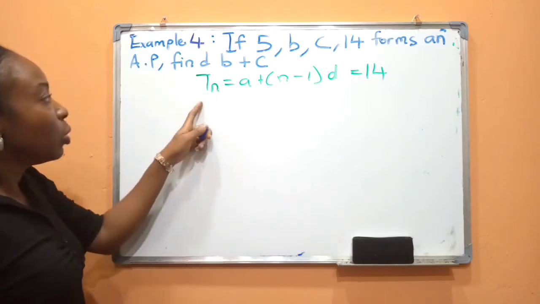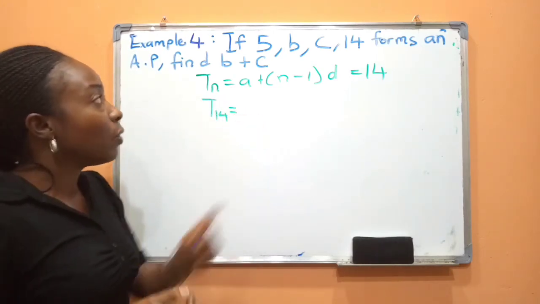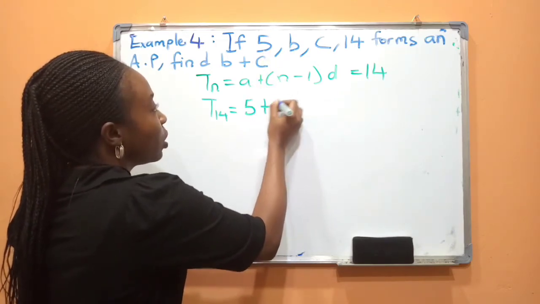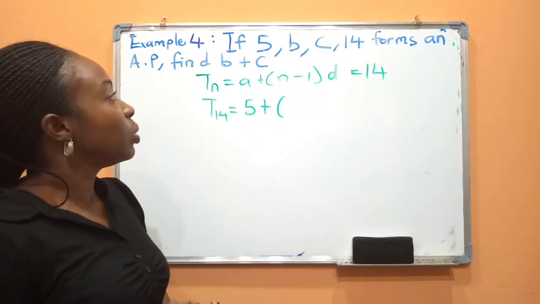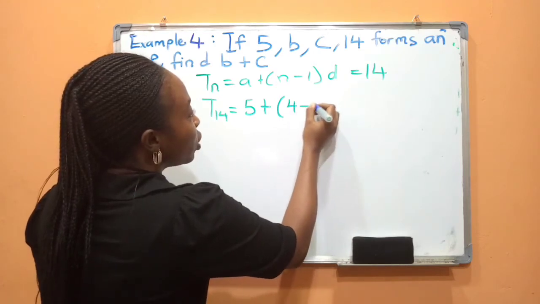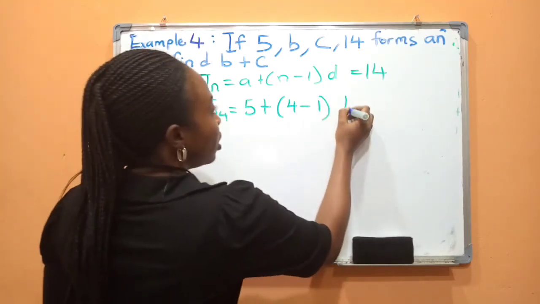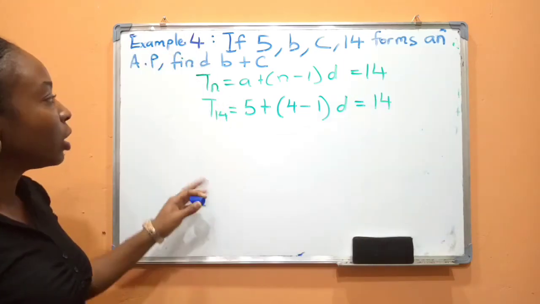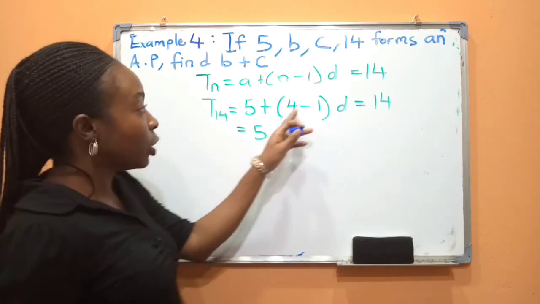So we're going to have T14 is equals to, our first term here is 5. So we're going to have 5 plus, now what is the number of terms we have here? The number of terms we have here is 4. So we're going to have 4 minus 1, close the bracket, and then we have d is equals to 14.